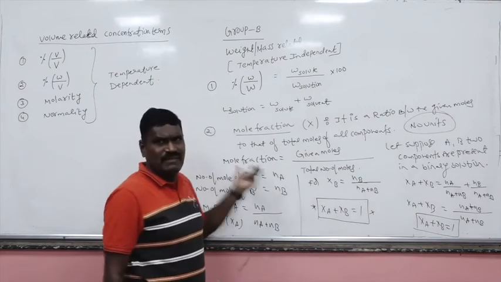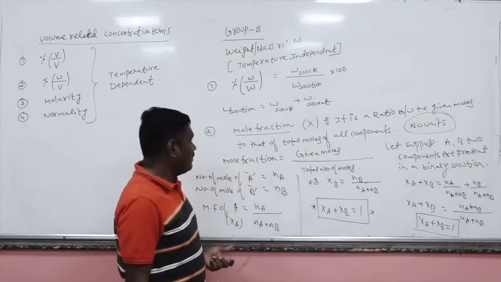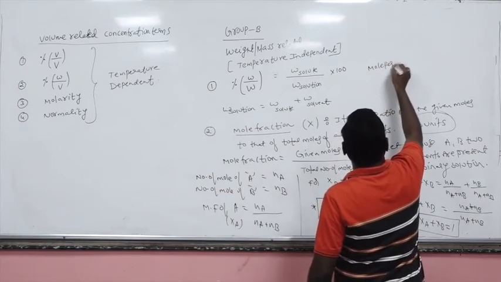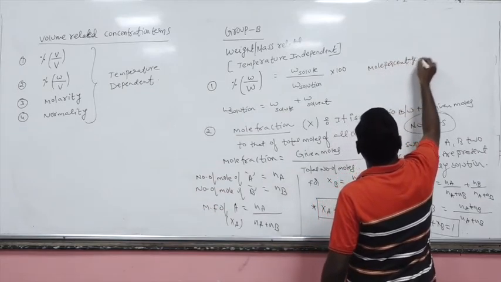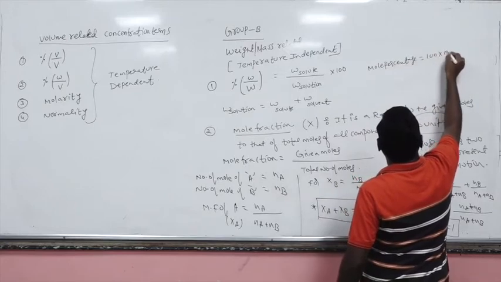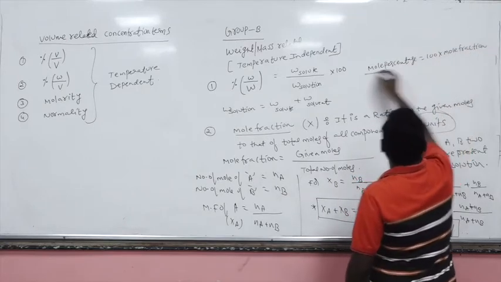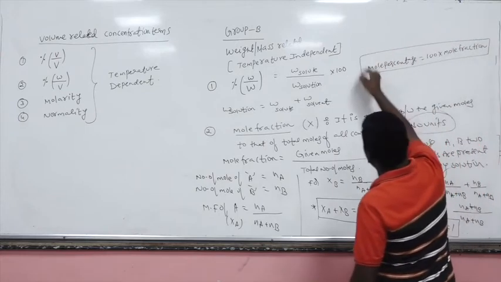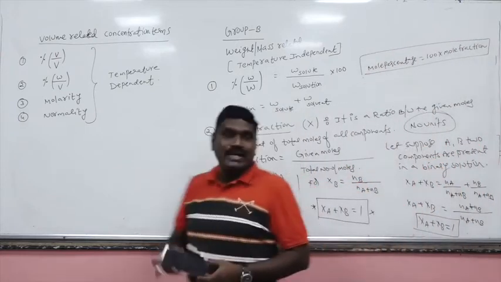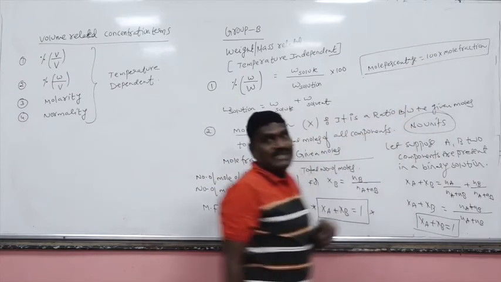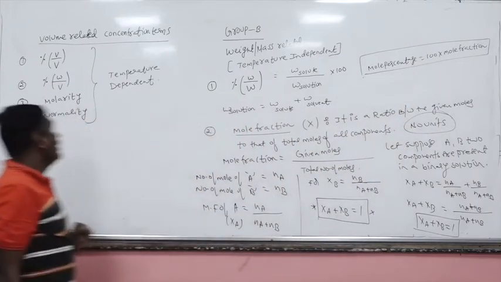So this is just a number. And one more important thing, mole percentage. Mole percentage is equal to 100 times the mole fraction. Mole fraction is a fraction, meaning less than 1. If you multiply that mole fraction by 100, you will get the mole percentage.